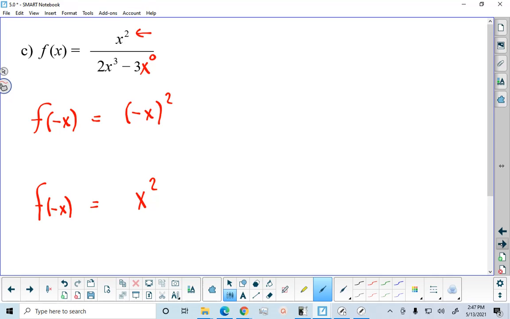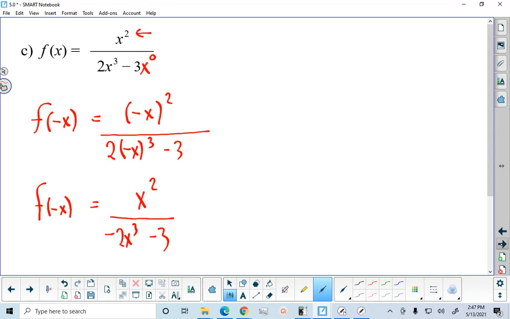And that would be true if it were a power of 4 or a power of 6, any even exponent. On the bottom, we have 2 times negative x quantity to the 3 minus 3. I don't think it's necessary for us to put negative x to the 0. The bottom becomes negative 2x cubed minus 3.